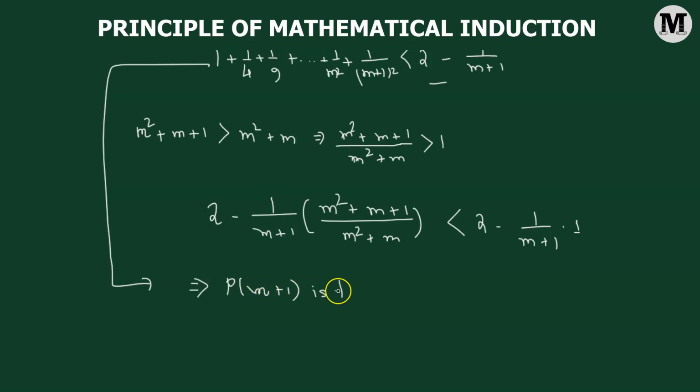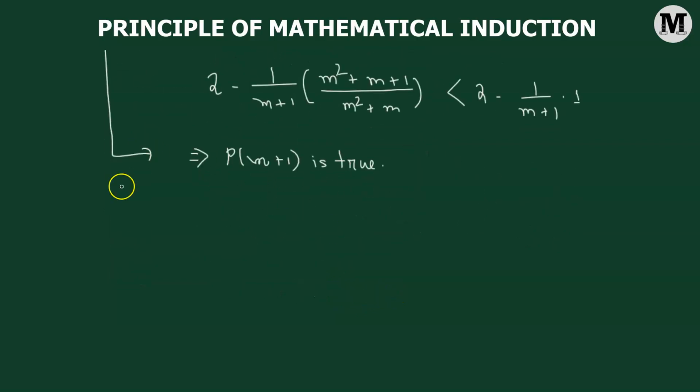And thus, if P of m is true, so we started out with this assumption that P of m is true, this implies that P of m plus 1 is true as well.